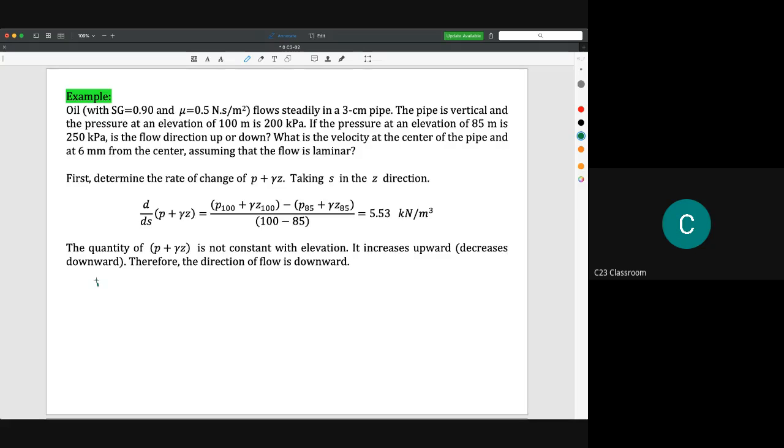If you still remember from your fluid mechanics previously, for example, we have a tank and a pipe like this. What we need to do first is develop the Bernoulli equation. That's why in your assignment I asked you to try to convert the Navier-Stokes equation into the Bernoulli equation.